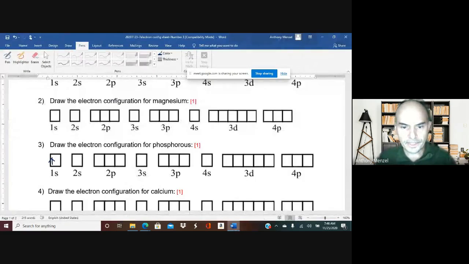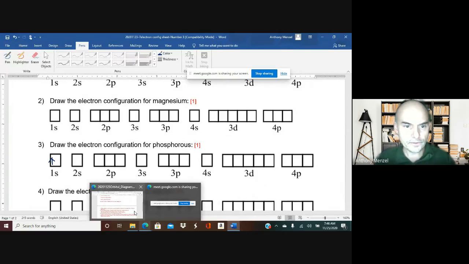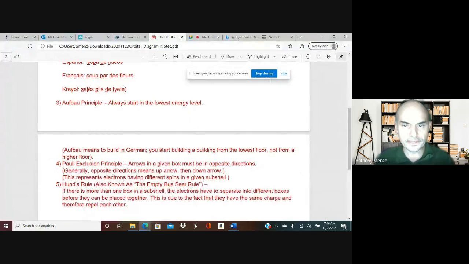Now, the next principle that we were working with, we go back to our notes, was the Pauli exclusion principle. Pauli exclusion principle teaches us that in each box of our orbital diagram, the arrows have to go in opposite directions. So we start with the up arrow, then we have a down arrow.